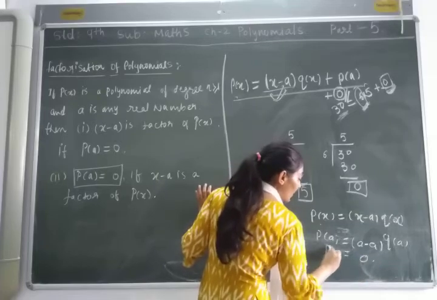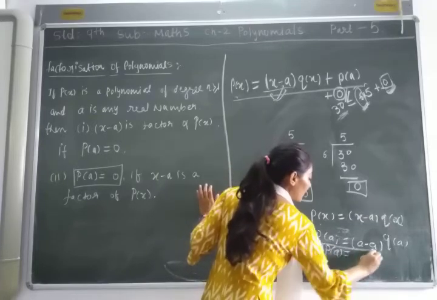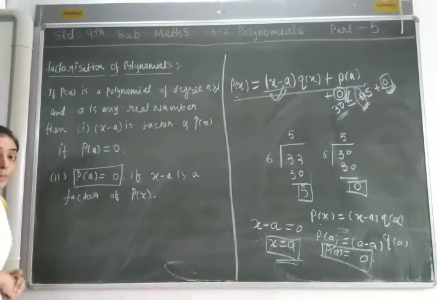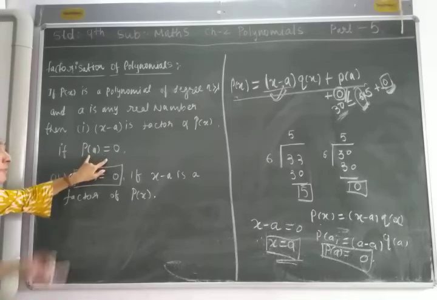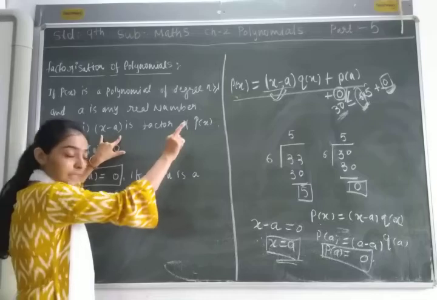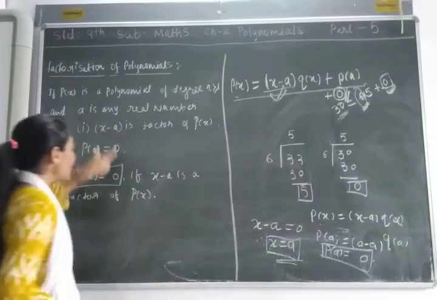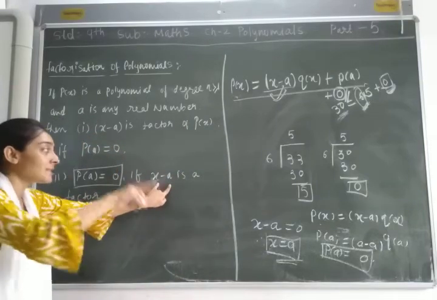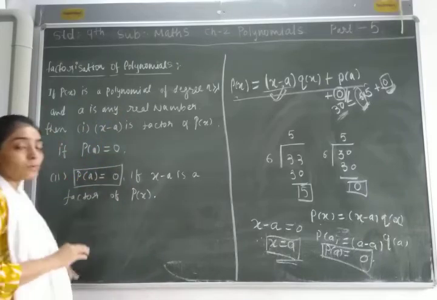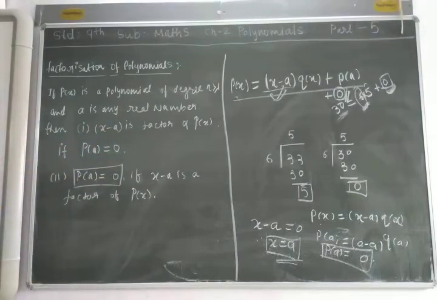So what I'm getting over here is p of a equals 0. I'm getting my remainder as 0. So if my remainder is 0, then x minus a is also a factor of p of x. If x minus a is a factor, then p of a is always equal to 0. That is what the remainder theorem tries to say.